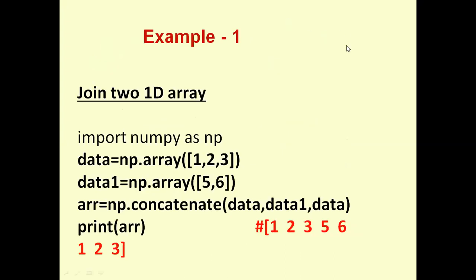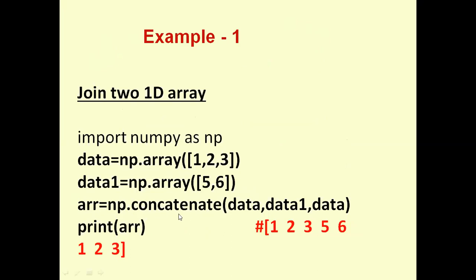So here, see, import numpy as np, data = np.array, these values are in data, and data1, these values. I have to concatenate both the values. So see here, array, this is another variable, equals np.concatenate. This is the function name.